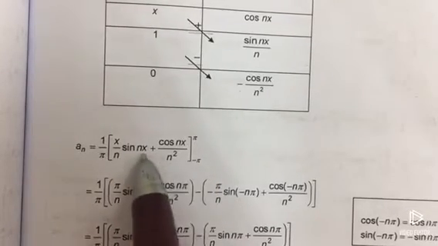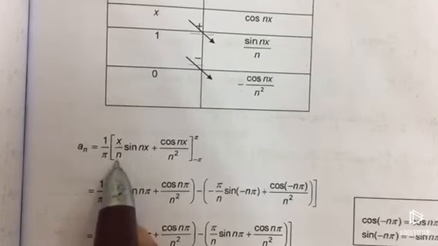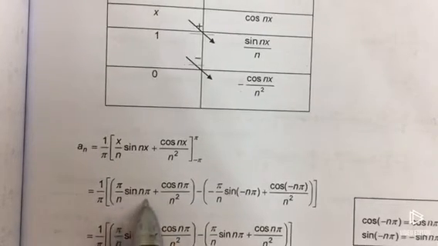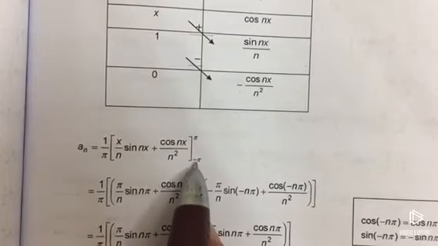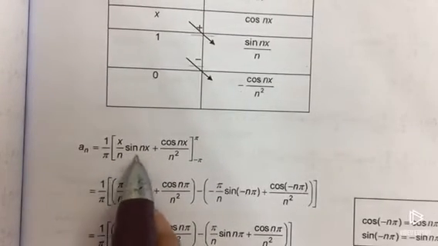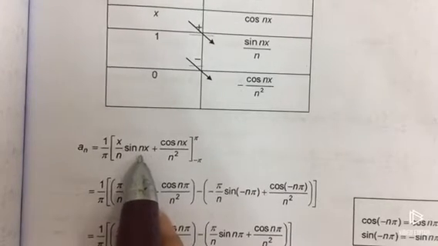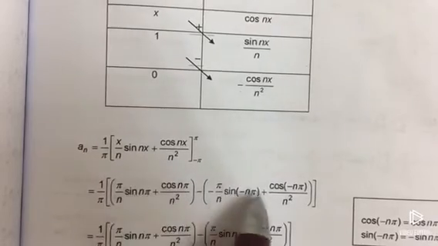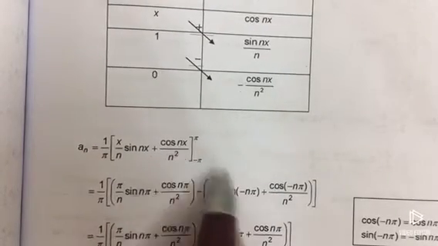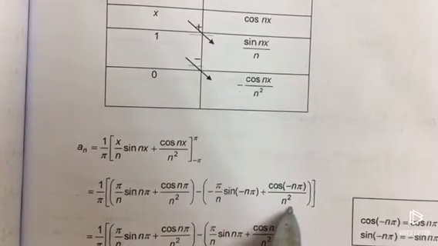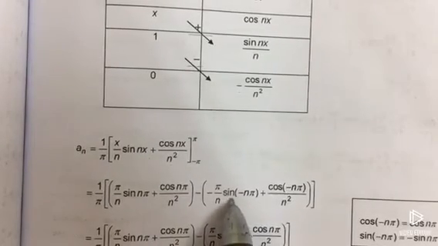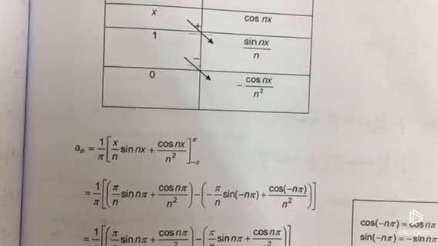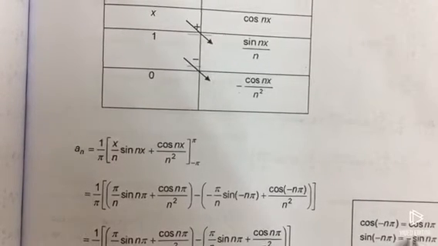Substitute pi and negative pi into x: pi over n sin n pi plus cos n pi over n squared, minus, substituting negative pi, negative pi over n sin negative n pi plus cos negative n pi over n squared.